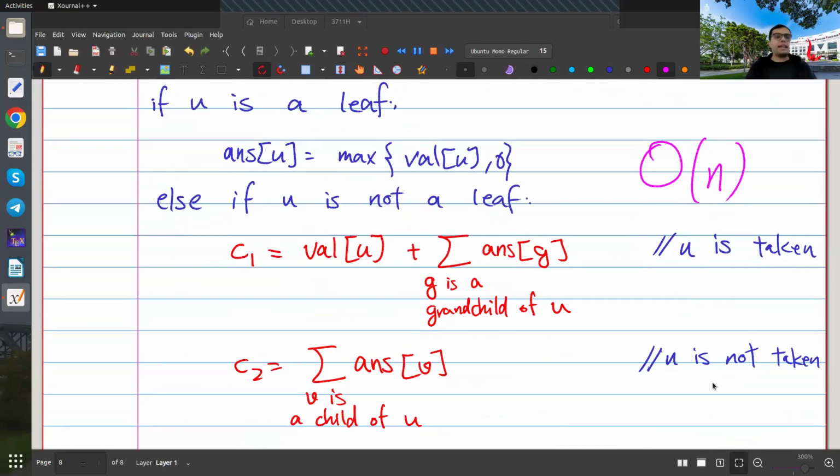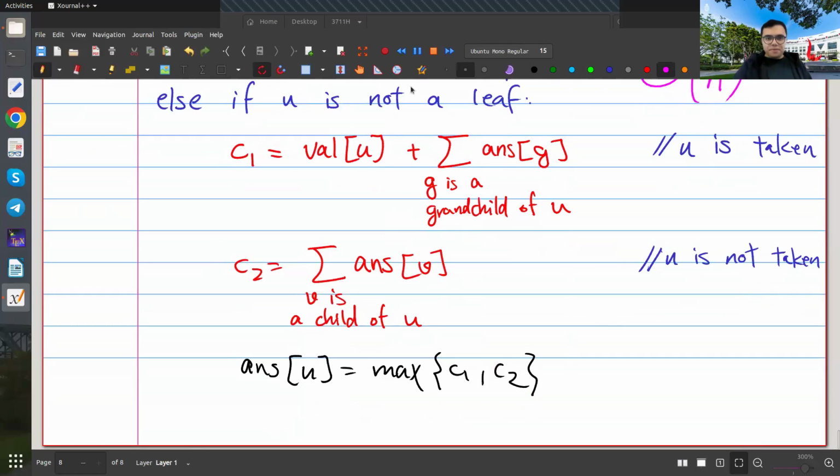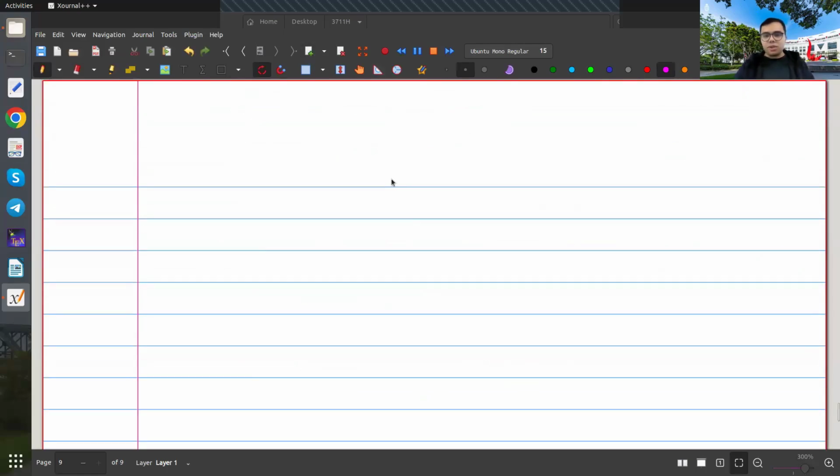Now, I can present the same algorithm in a slightly different way. So imagine that instead of saying that my values can depend on the values at the grandchildren, I wanted my values to only depend on the values at the children. I could define my values, but it would become a little bit more complicated, but it's basically the same idea.